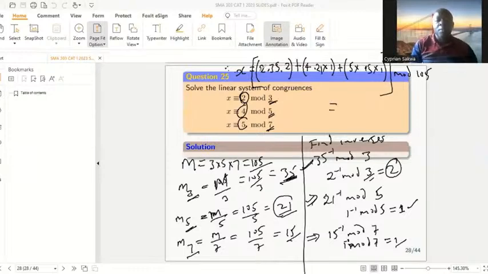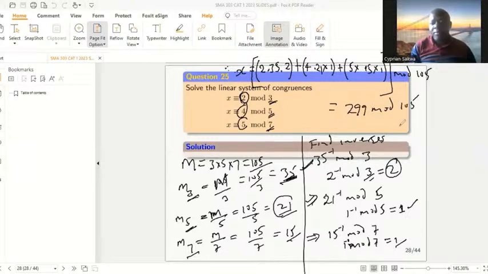This is easy. Just multiply these with your calculator, then add the results. When I did that, 2 times 35 times 2, plus 4 times 21 times 1, plus 5 times 15 times 1, that gives me 299.